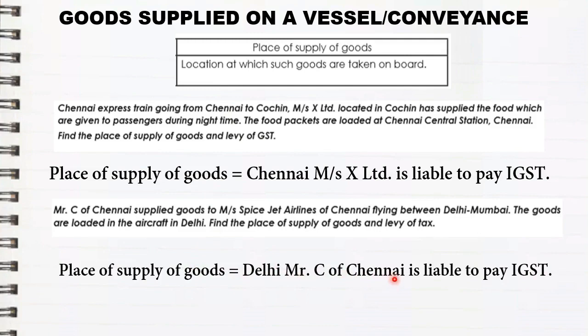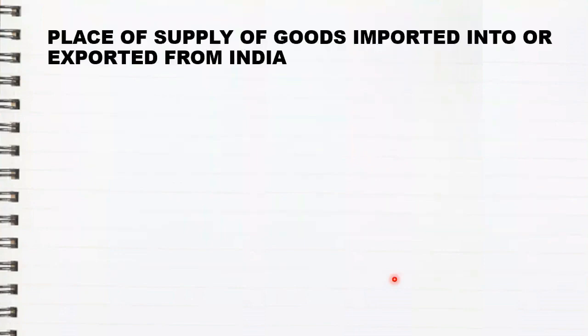So these were basically the 5 important rules which we have to remember for place of supply. Now in addition to this, there is another rule which we have to remember: place of supply of goods imported into or exported from India.